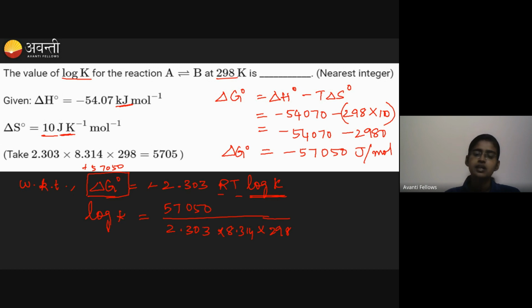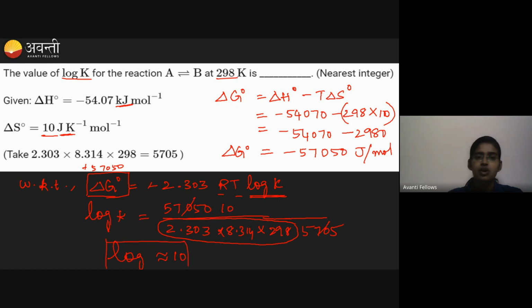So this will give us a log value of approximately 10. We can take the whole term as 5705, and if we substitute that, we will get 10, right? So log K is 10, that is the nearest integer.